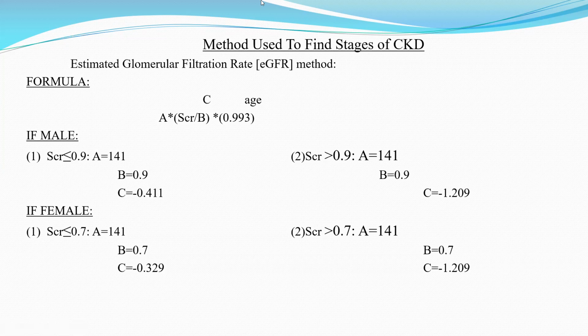Considering these constant values, we put these values in the formula and estimate the GFR value. Considering this GFR value, we classify the patients into stage 1, stage 2, stage 3. Based on the value we have obtained from the GFR method, we classify the patients into different stages, that is 1 to 5 stages.